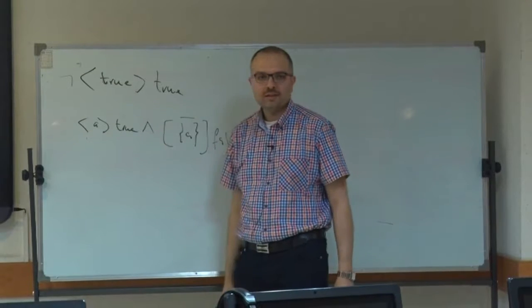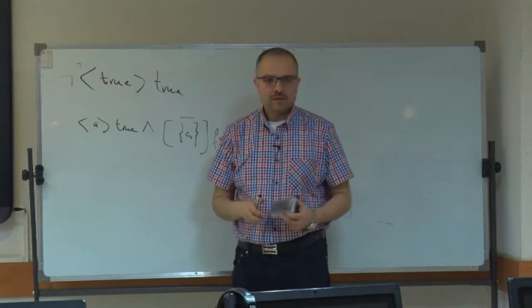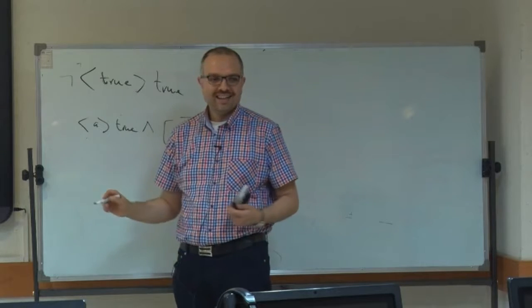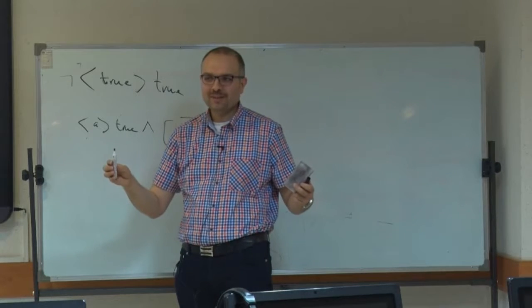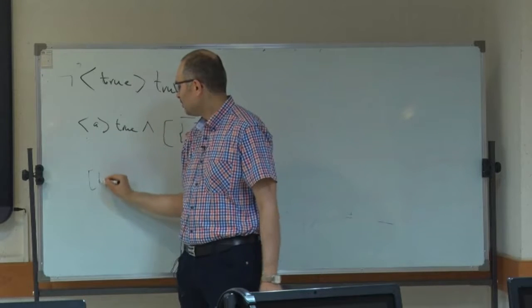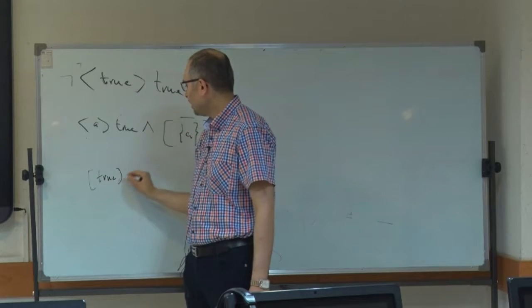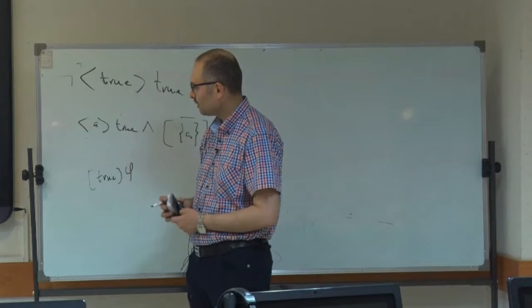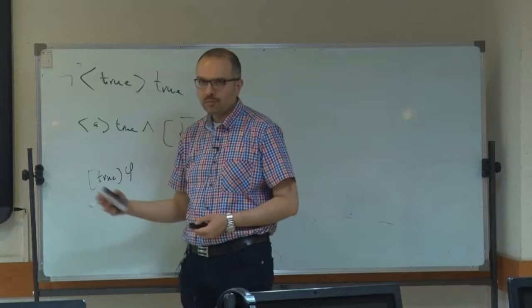Any suggestion? Who wants to say first? You had a suggestion, yeah? Box true phi. That holds after every single step. I think we want that to hold after any number of steps.